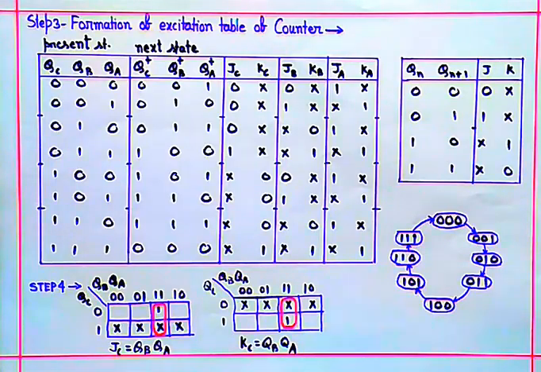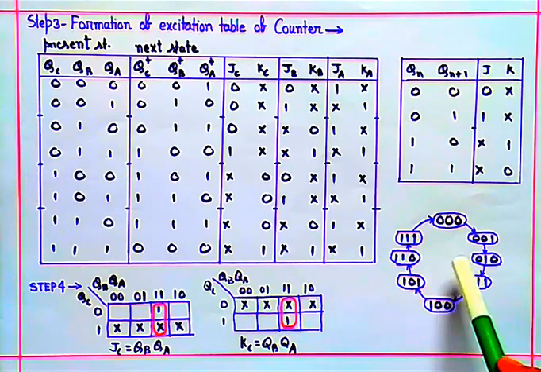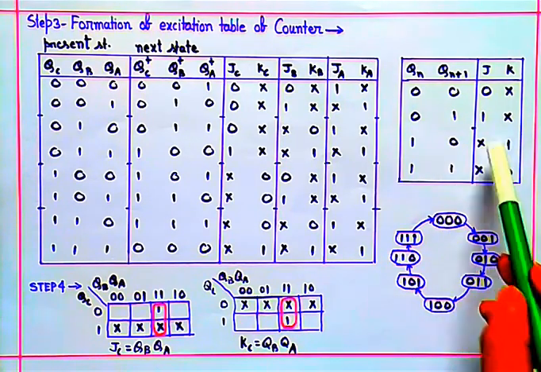Now step 3, formation of excitation table of counter. This step is very much important. But to form the excitation table of the counter, you need to take the help of state diagram of the counter and excitation table of the JK flip-flop.